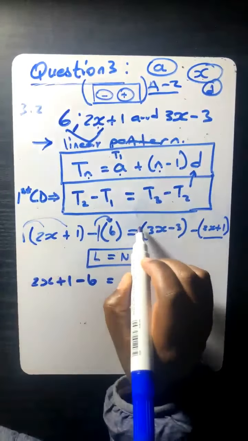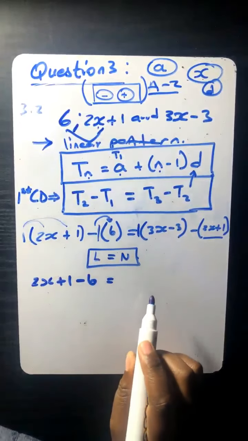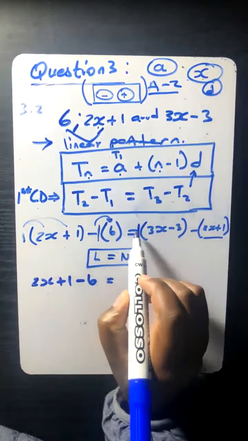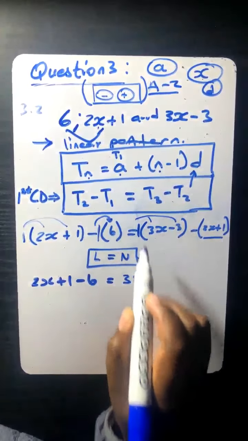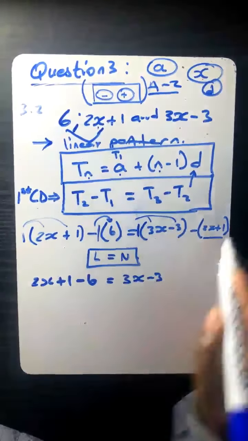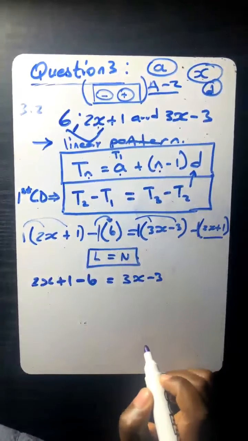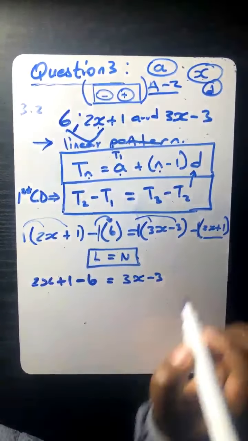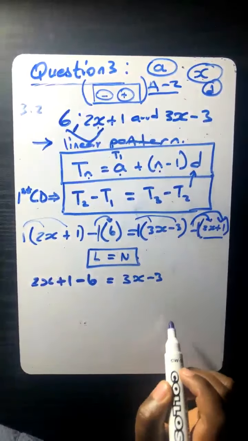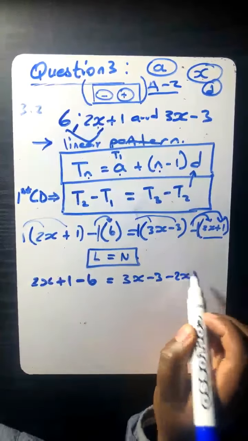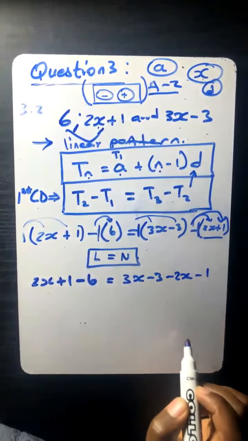It equals, always in front of brackets you have an invisible positive 1. If it's positive there, it's that by that. So what are you having? You have 3x, that by that is minus 3. What are you having there? You always have an invisible 1 in front of the bracket. So the sign is negative there. That means it's negative 1 times that, negative 1 times that. Negative 2x, that by that, it's negative 1.